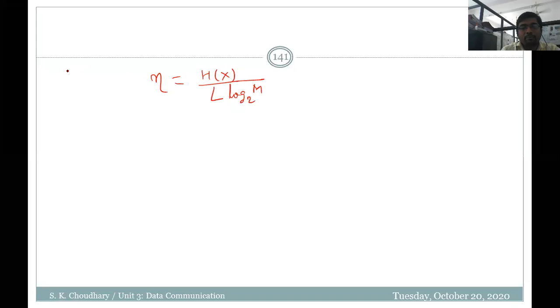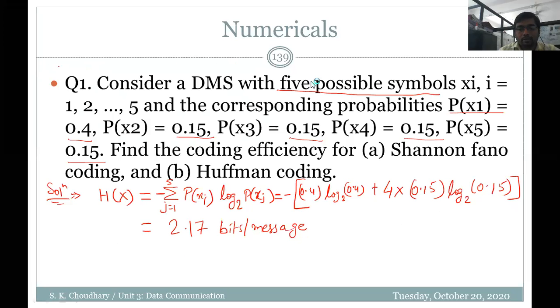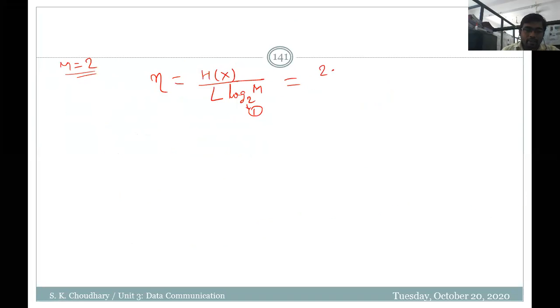We know that we are doing binary coding, so m is equal to 2, so log 2 m becomes 1. H of X, if you remember, is 2.17, and the value of L is 2.30. Multiply by 100 to get the percentage. So when you divide this, what value is coming?